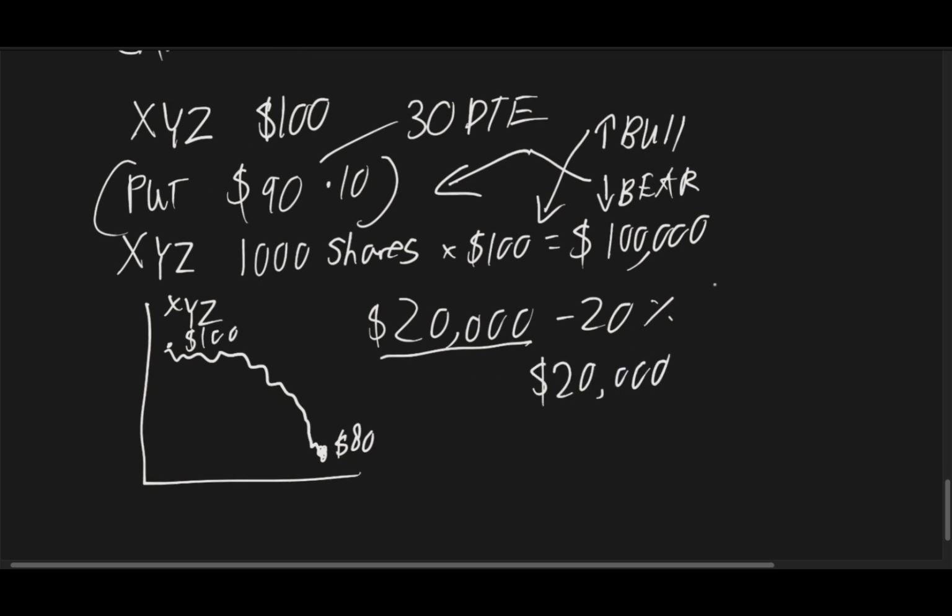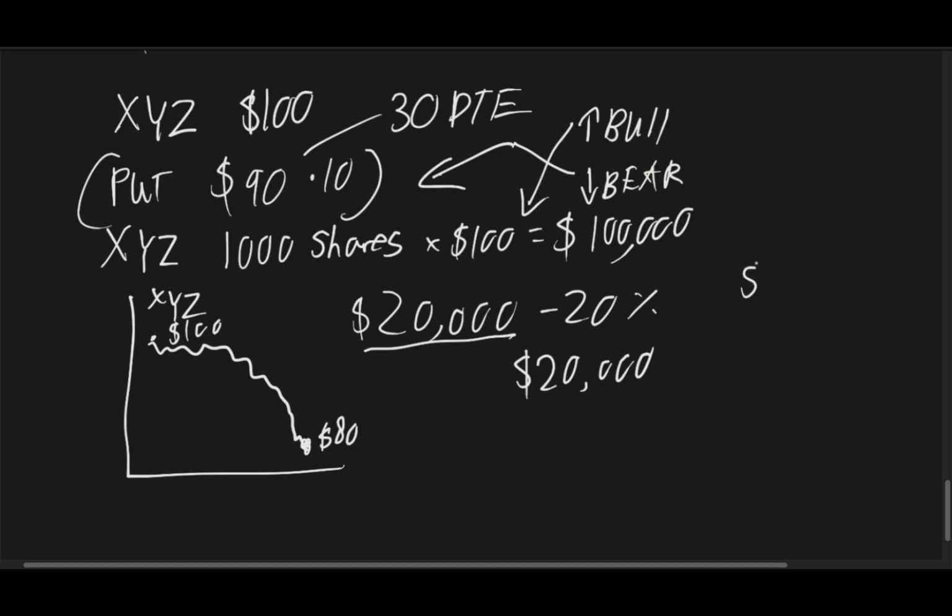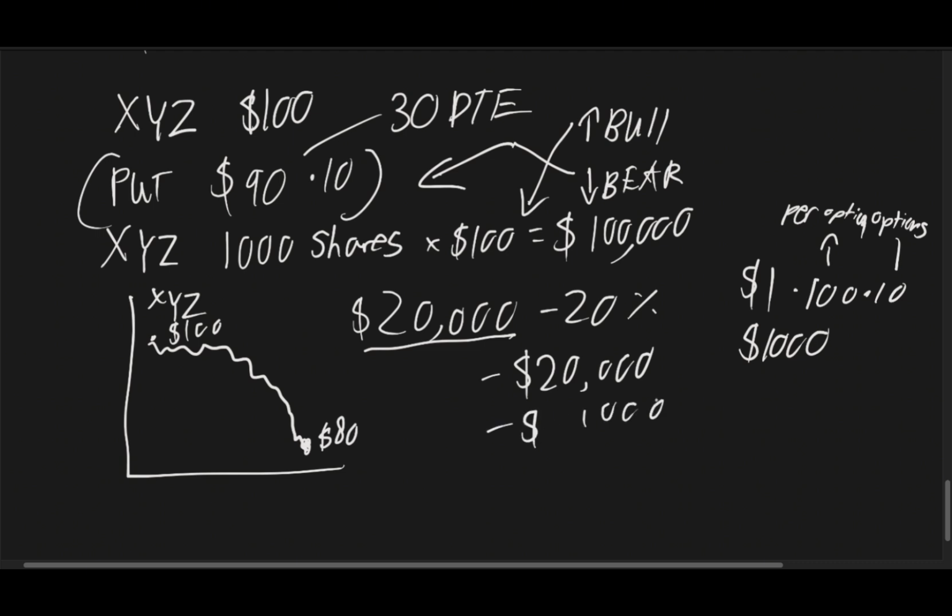But let's say the premium you paid for the put was, just say, $1 per share. So it would be times 100 times 10 contracts. Per option, there's 100 shares. And so this premium would cost you $1,000. So your loss would be minus $20,000 minus $1,000.